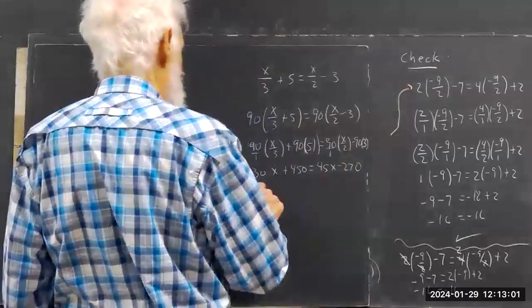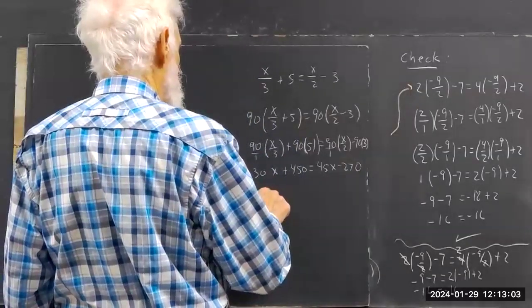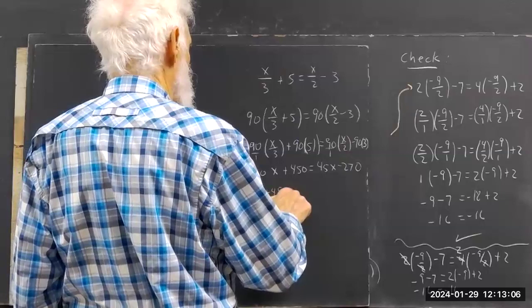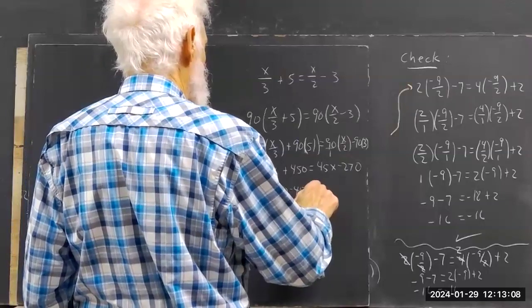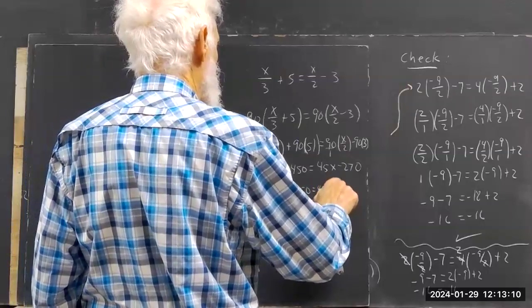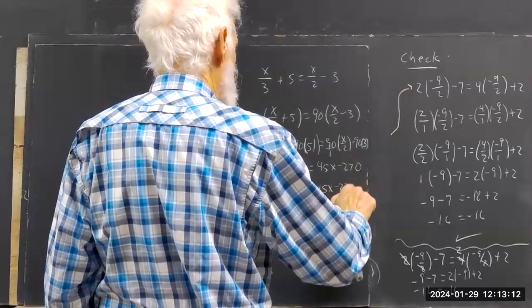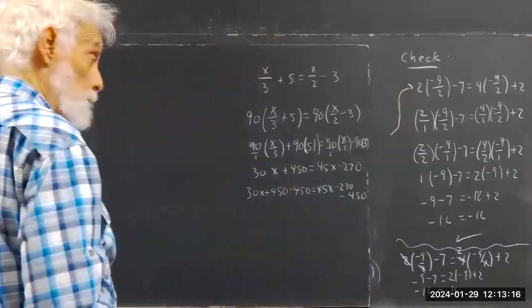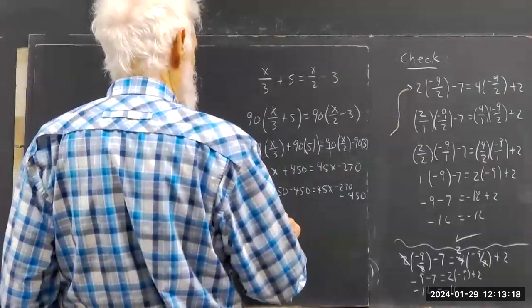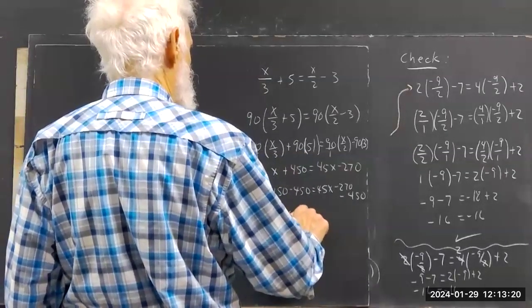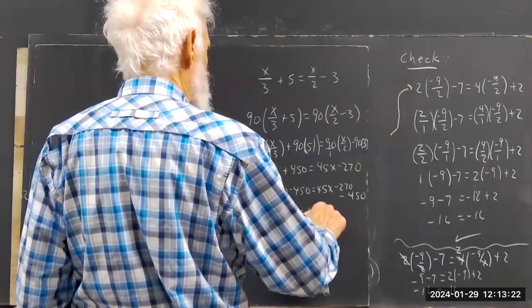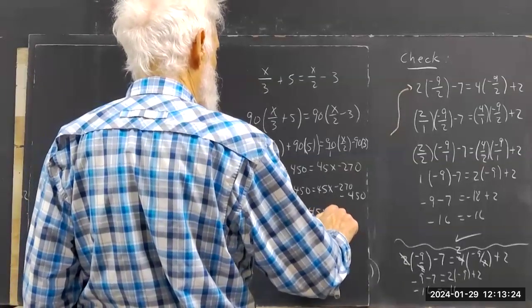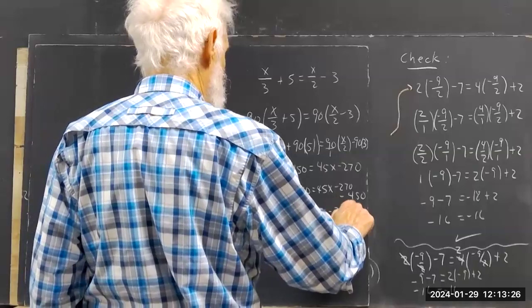Well, now subtract 450 from both sides, and I get 30x equals 45x minus 720.